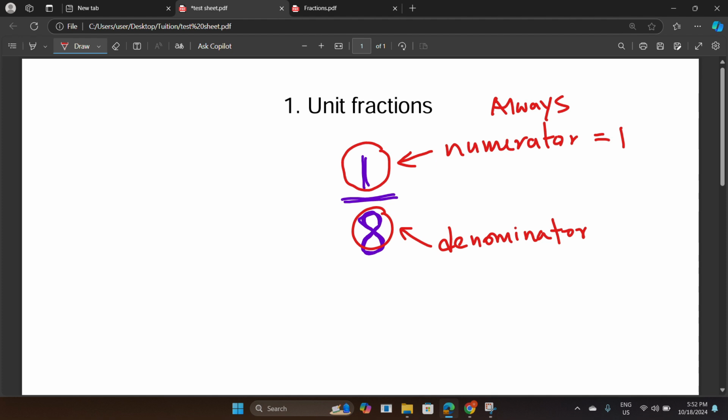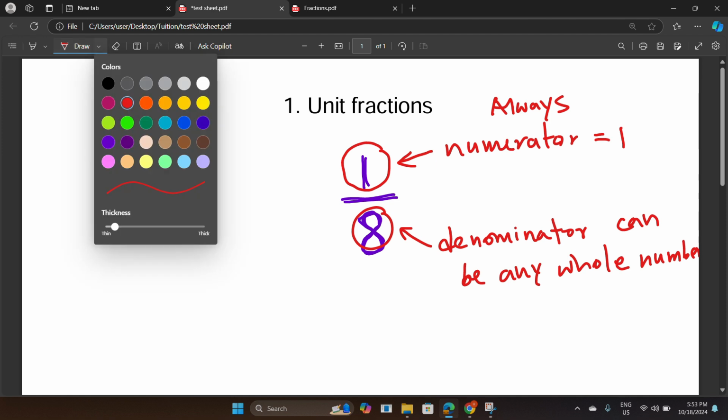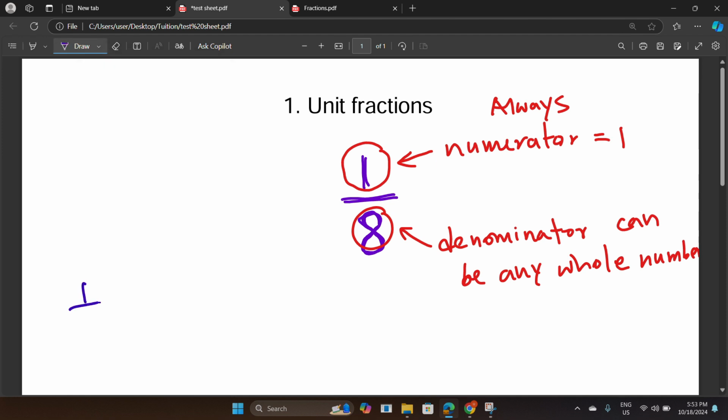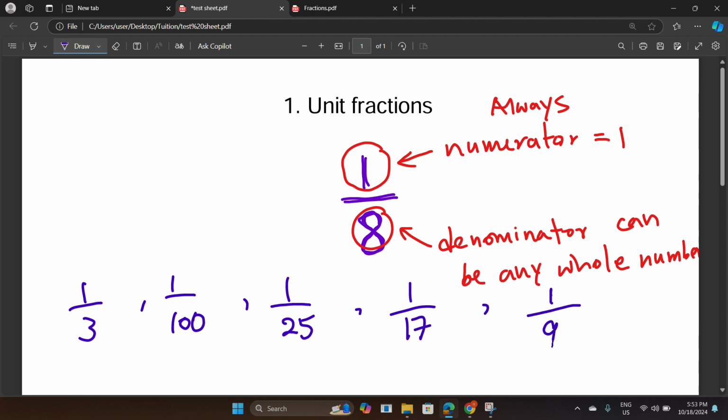And this denominator can be any whole number. It can be 100, it can be 2, it can be 1000. Likewise, the denominator can be any whole number. Let's write some examples of this unit fraction. 1 over 3, 1 over 100, 1 over 25, 1 over 17, 1 over 99.